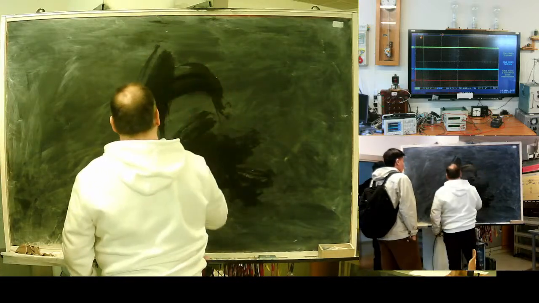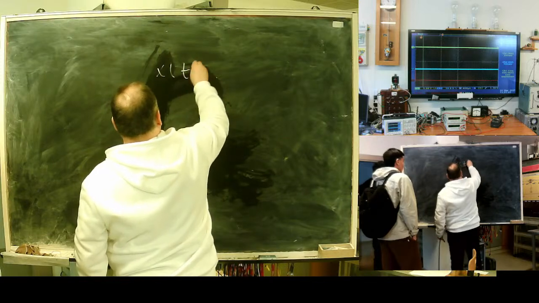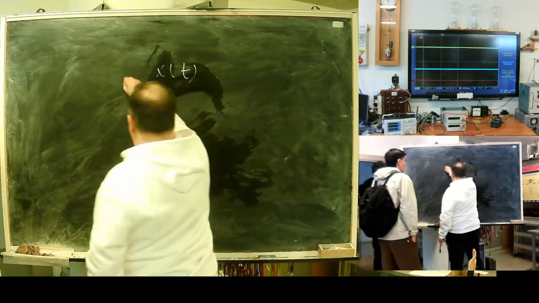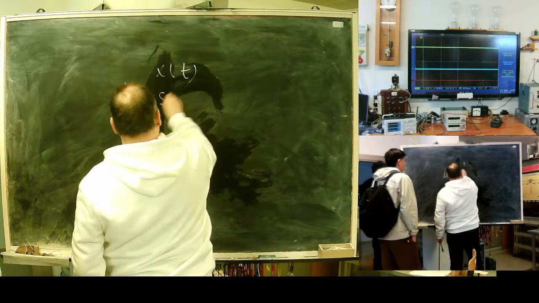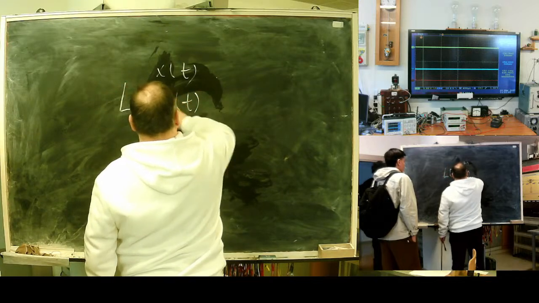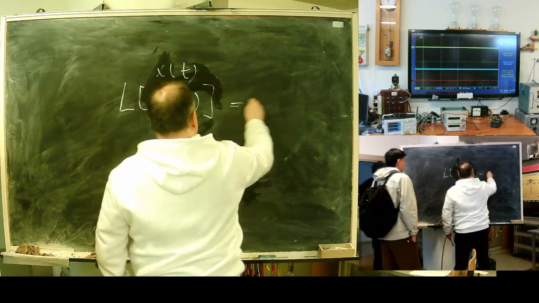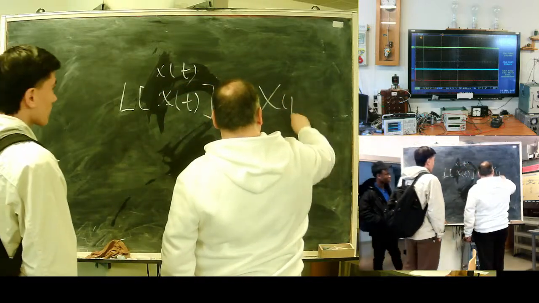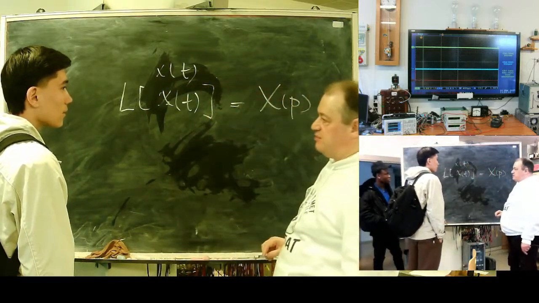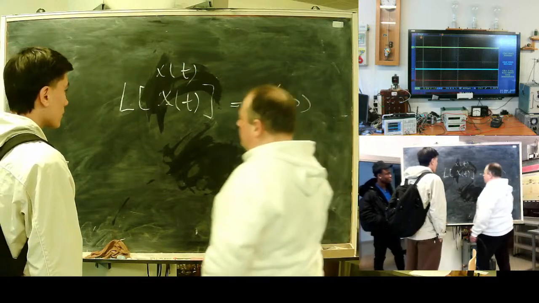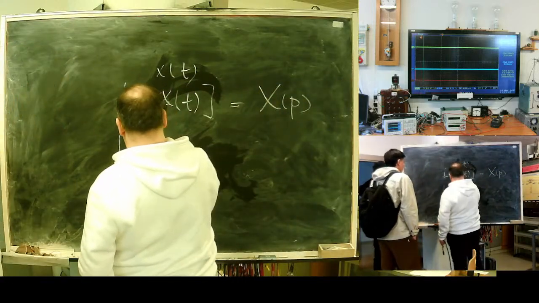If you have some x as a function of time, you perform a Laplace transform on it. You get it in the space of complex frequency. Now perform the Laplace transform on the derivative.